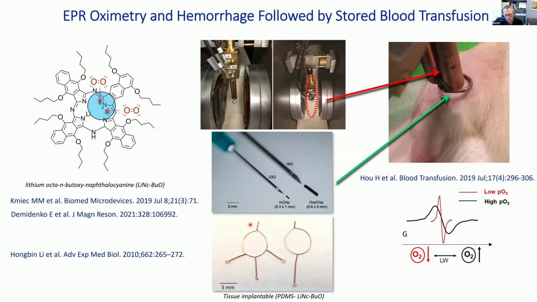We started looking at oxygenation to muscle tissue. This is not a mouse, this is a rat, but it's still under the murine species.